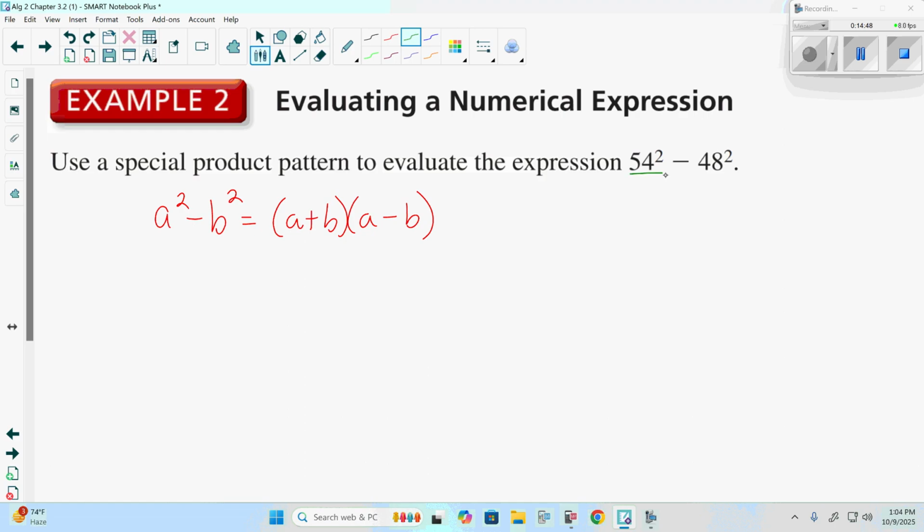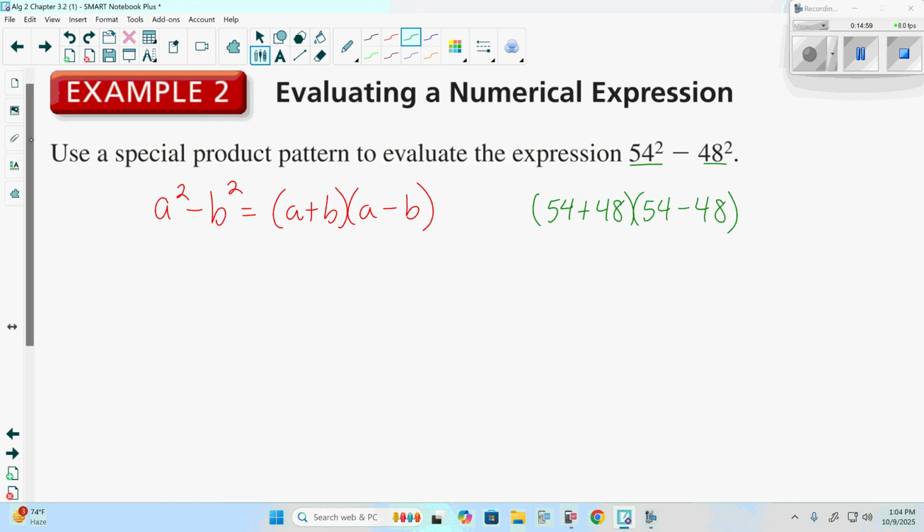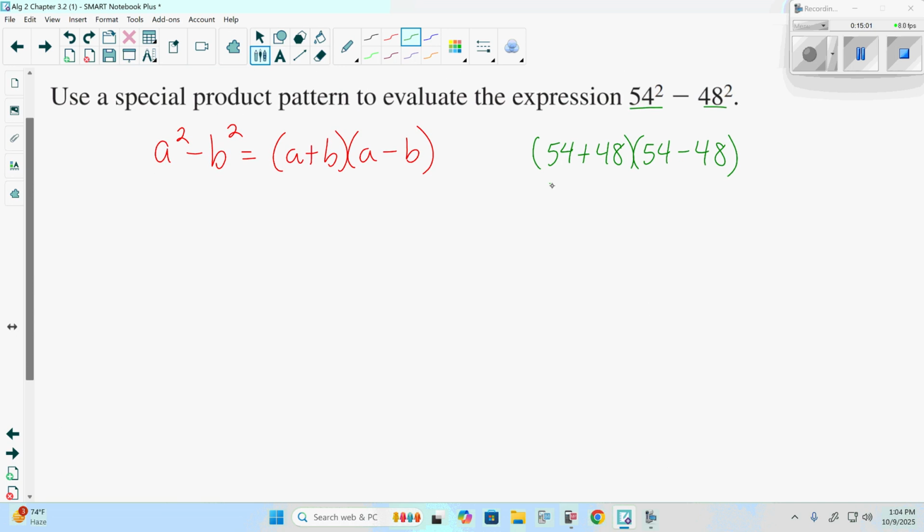But if we use this special pattern, A is 54, B is 48, we'd have 54 plus 48 times 54 minus 48 and simplify from here. 54 plus 48 is going to be 102. 54 minus 48 is 6. And if we multiply these two together, we get 712.